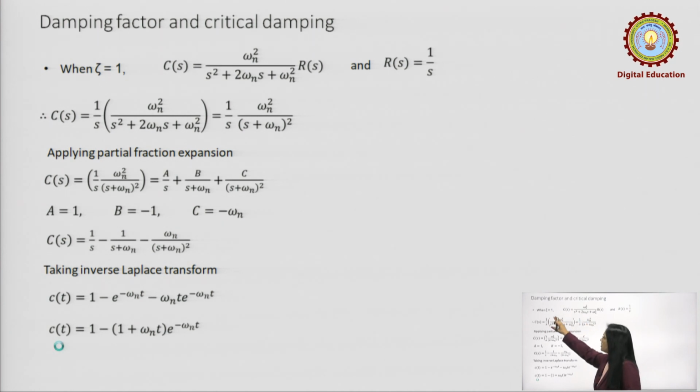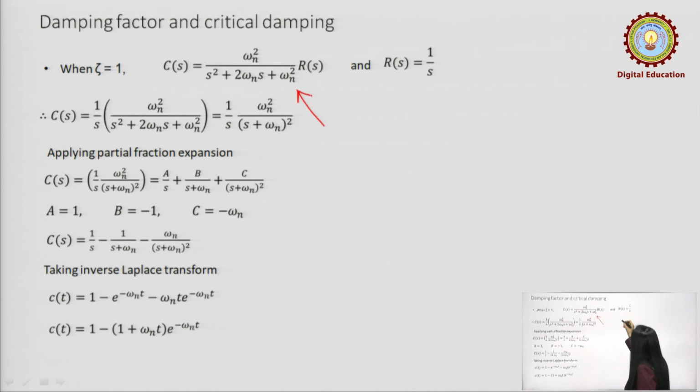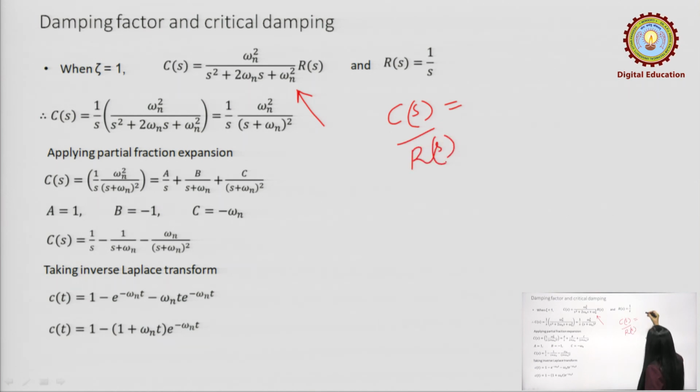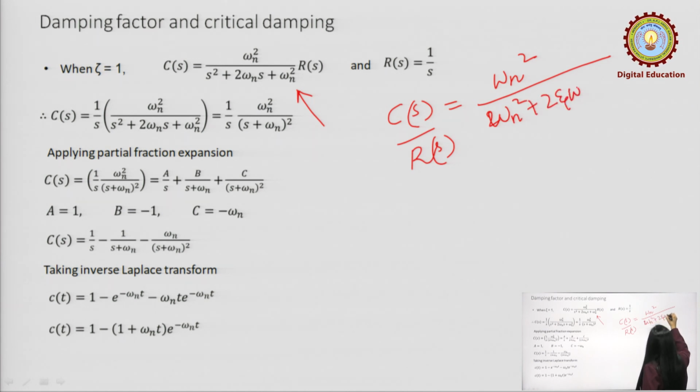We can also work out this relation with respect to the response of the system. We have seen that C of s is equal to this. Now, how is this relation obtained? We know that the closed loop transfer function is given by omega n square upon s square plus 2 zeta omega n s plus omega n square.